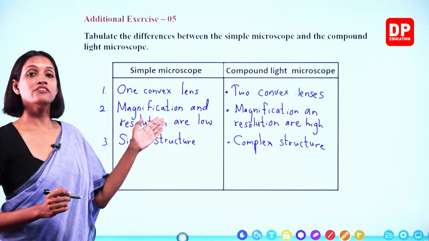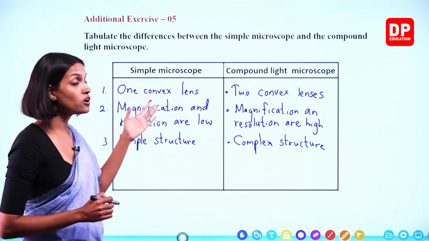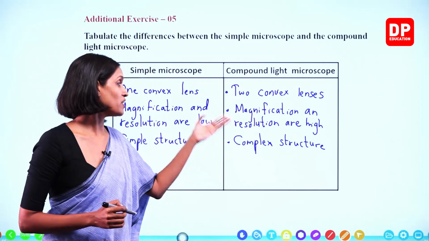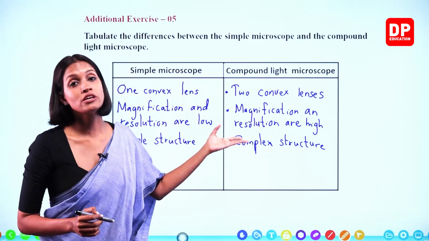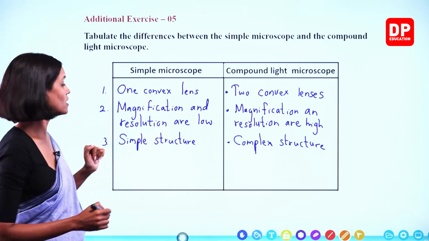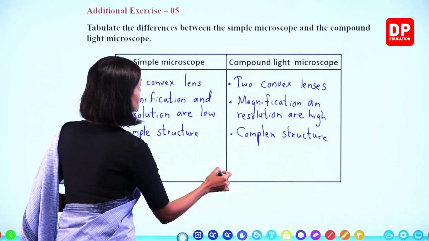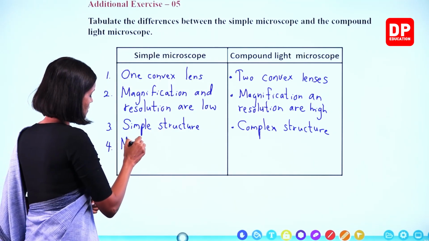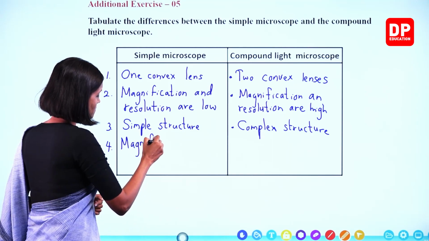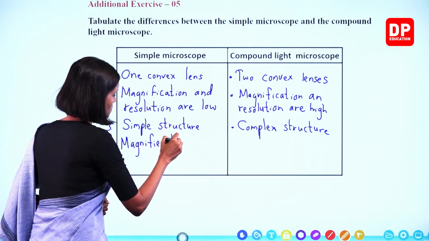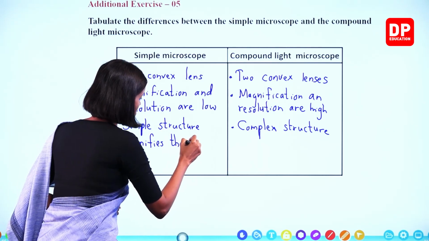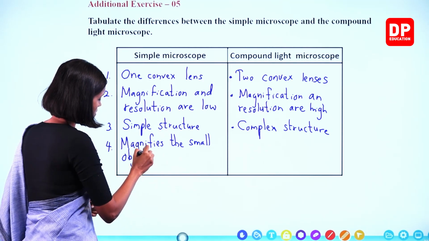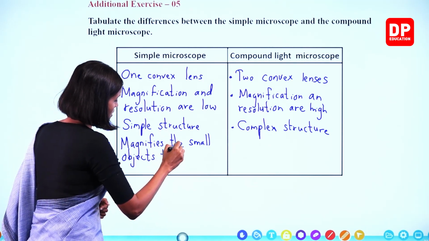This can be used to magnify the small objects that can be seen with the naked eyes. This can be used to magnify the small objects that cannot be seen with the naked eye, right? Let's write that as well. Magnifies the small objects that can be seen with the naked eye.